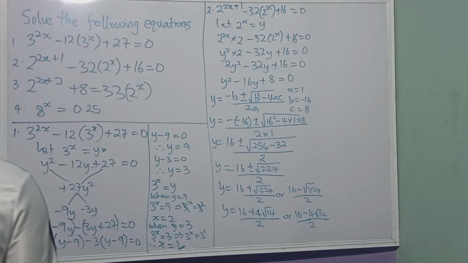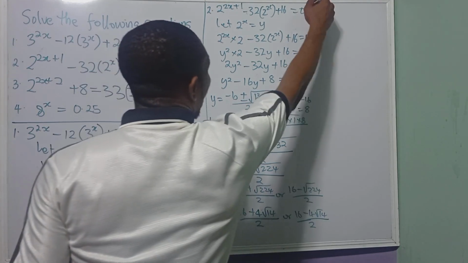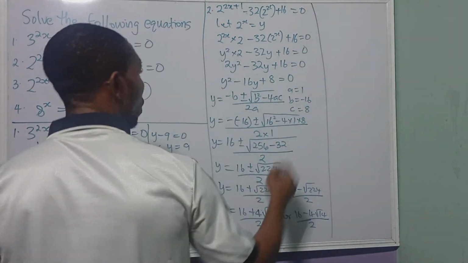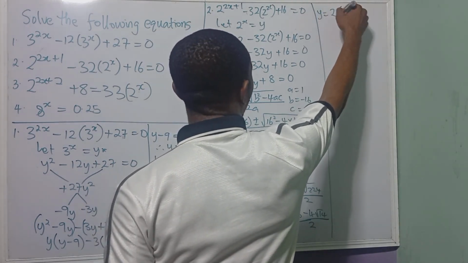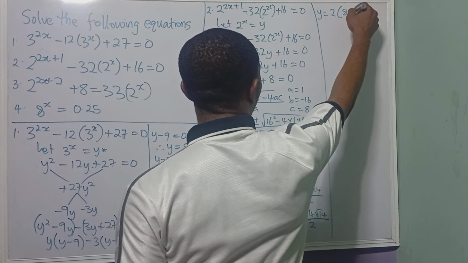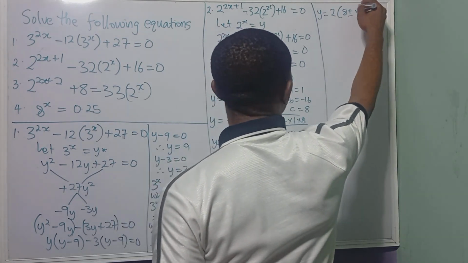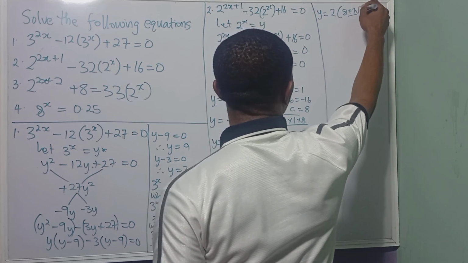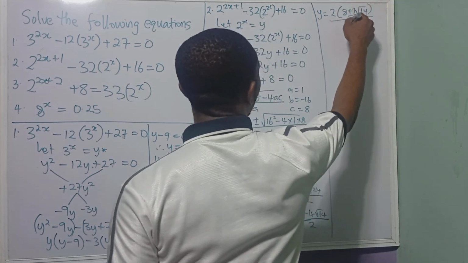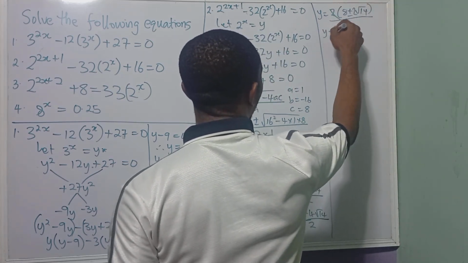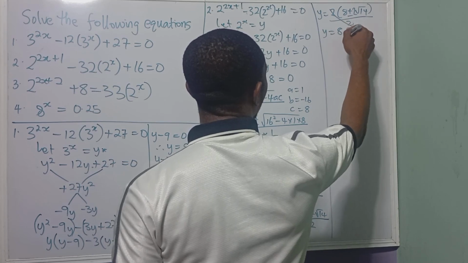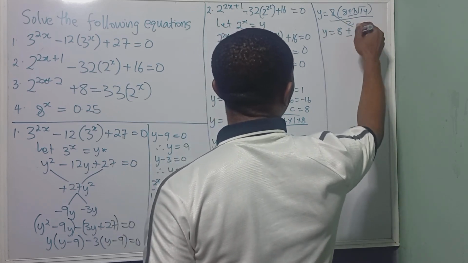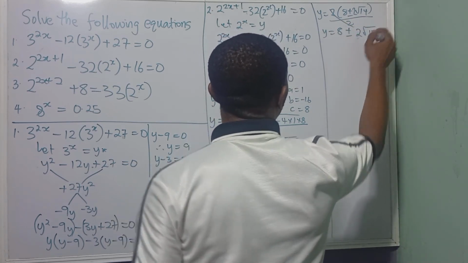If we factorize, this becomes y equals 2 brackets 8 plus or minus 2 root 14 over 2. So this cancels out, and y equals 8 plus or minus 2 root 14.